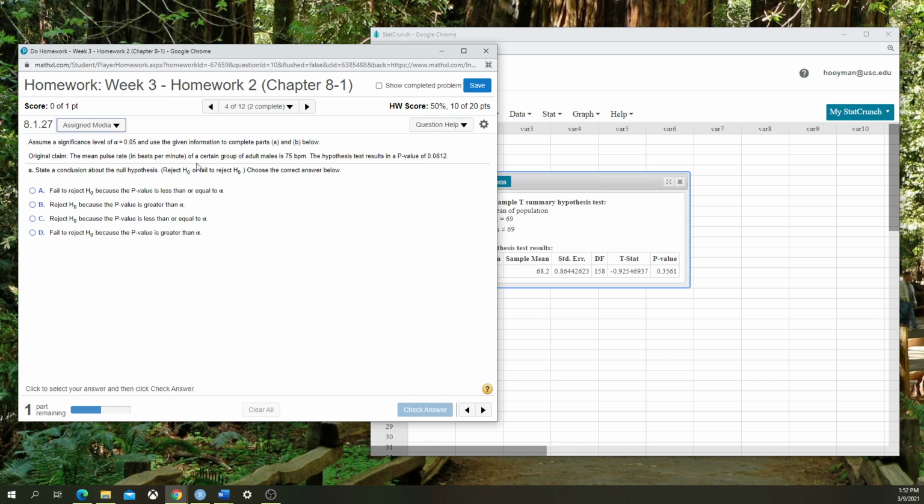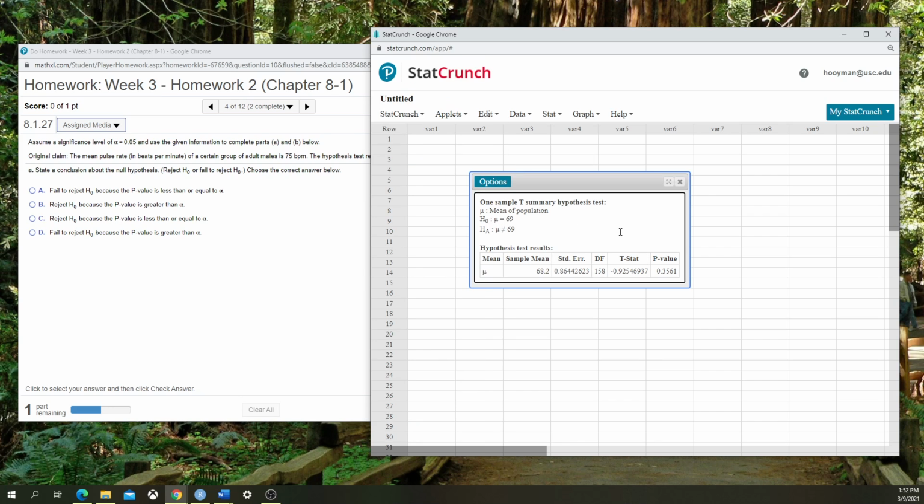Now if I go on a little bit further, okay, at a significance level of alpha equals 0.05, what this means here is now I'm going to be looking at the p-value of my output, which we have here, and I want to see if it is less than 0.05.